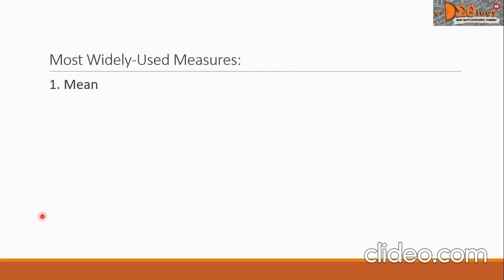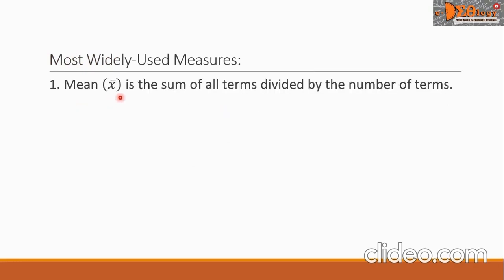Let us discuss the measures one by one. The mean, symbolized by this symbol, and this is read as x bar, is the sum of all terms divided by the number of terms.